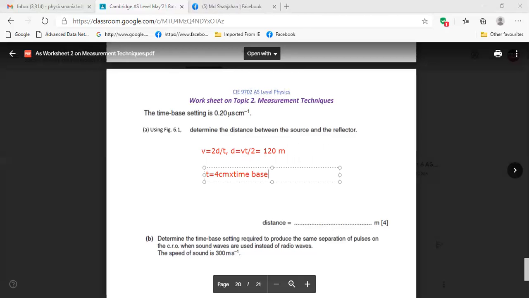So my answer came 120. Yeah, your answer came 120 and I also wrote 120, right? Yes, sir. So you got it right. Yes, sir. It's clear to you how to do.